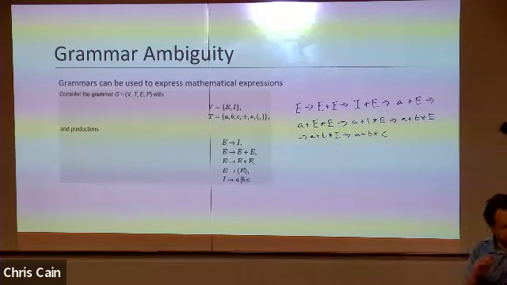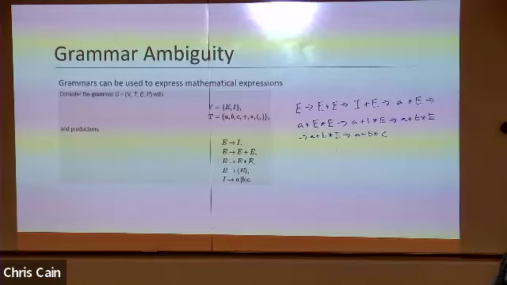Something like this sequence of productions where we go and produce A plus B times C. We don't really know or have any way of knowing what the precedence for this is. We know that according to expression rules, we should do the B times C before we do A plus that result. But that's not inherent in this grammar. This grammar does not force an order of operations.